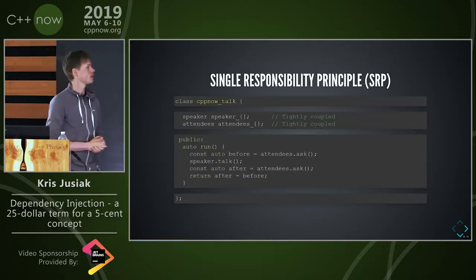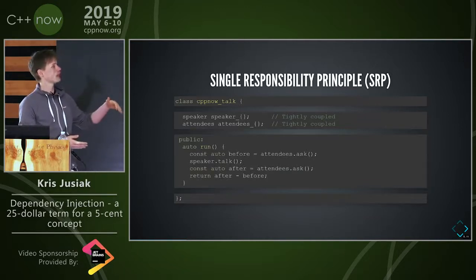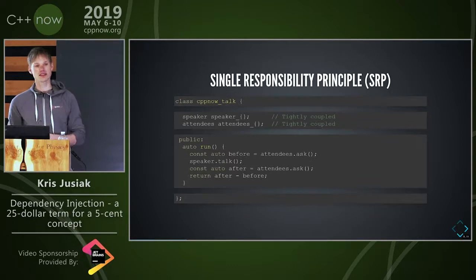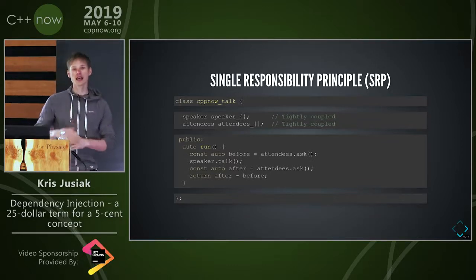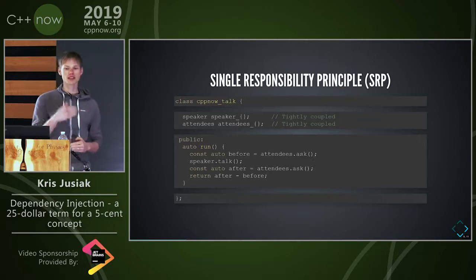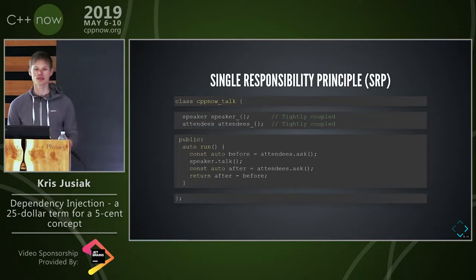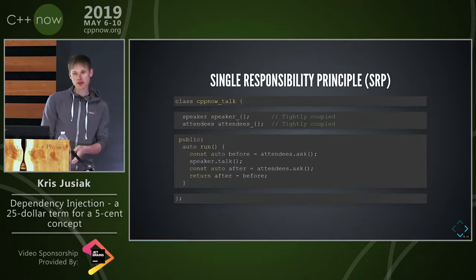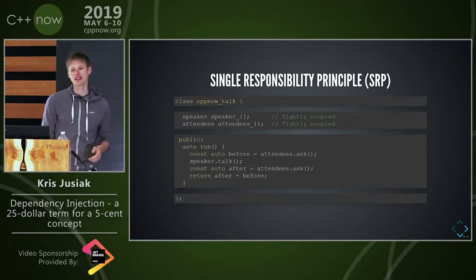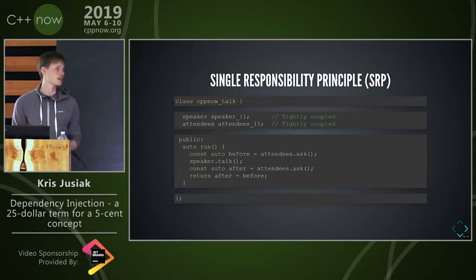We have member variables which are coupled to the CEP now talk, but the design is still better than before because we can test speaker and attendees in isolation. However, the CEP now talk has to be tested as a whole. So when we test the CEP now talk, we'll test the speaker and attendees as well, which is not ideal from a TDD perspective, but it's okay from an overall design perspective at that point.